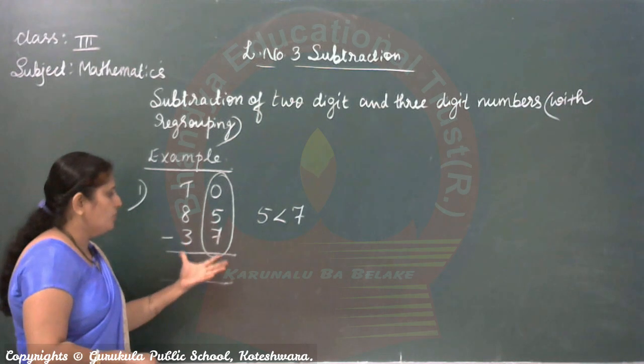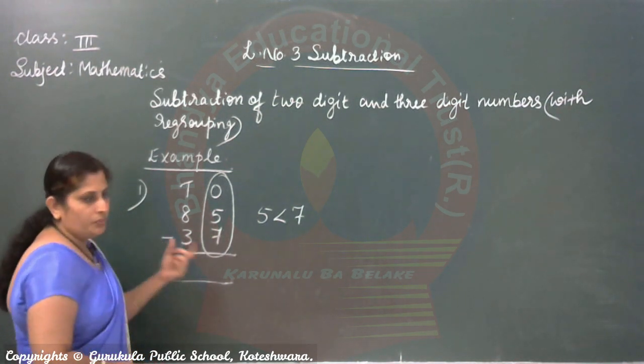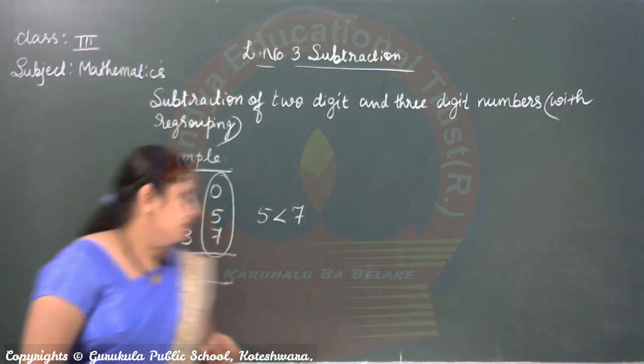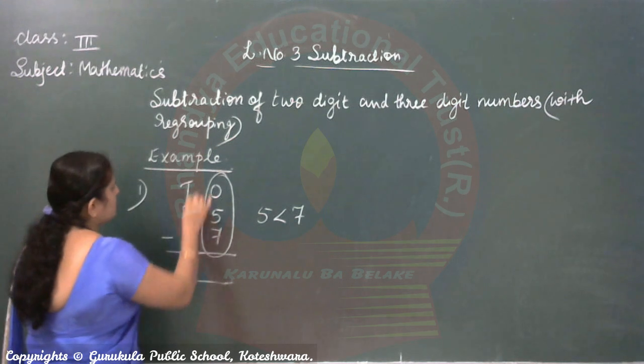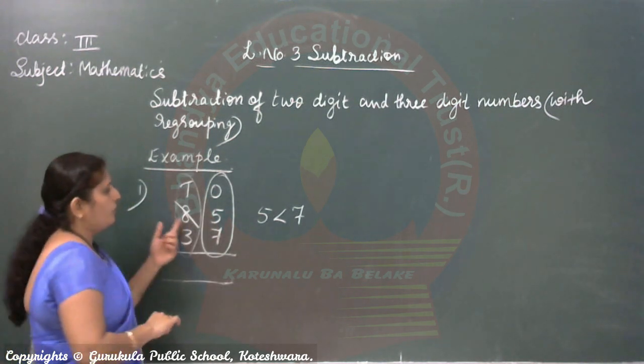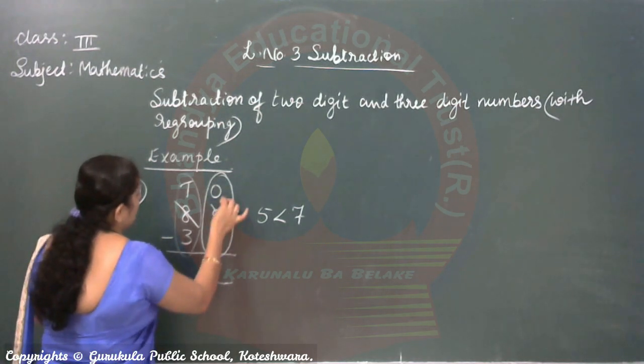We can't remove 7 from 5. So what do we have to do? We have to regroup the number. From the tens column we have to borrow 1 ten this side.